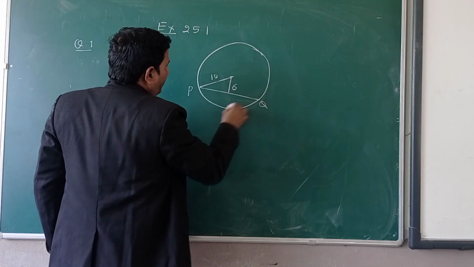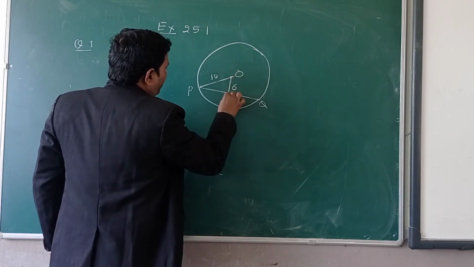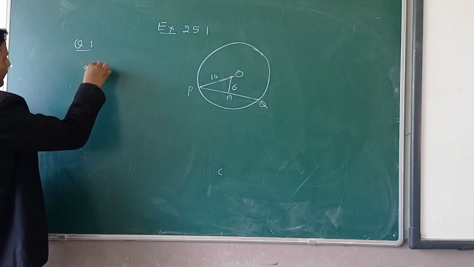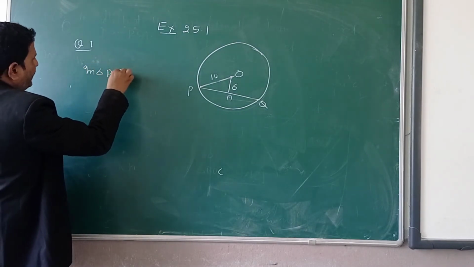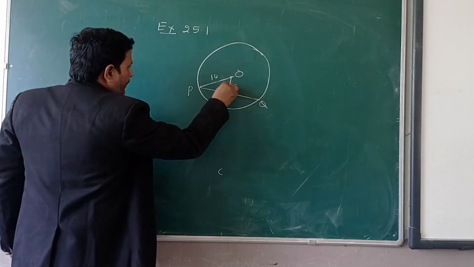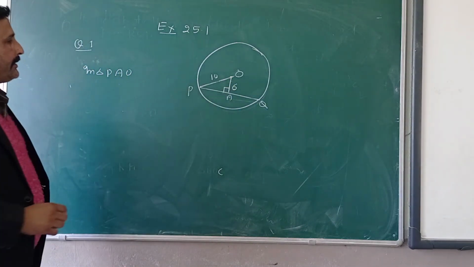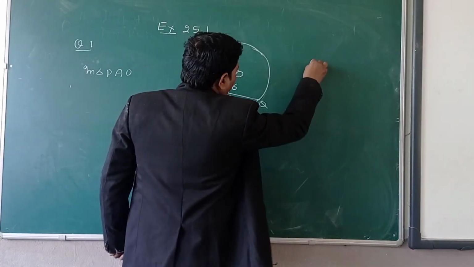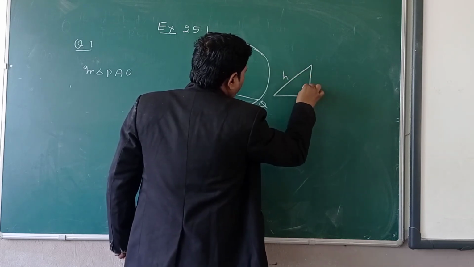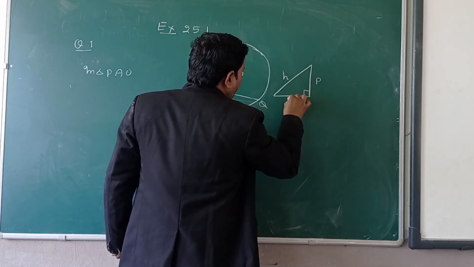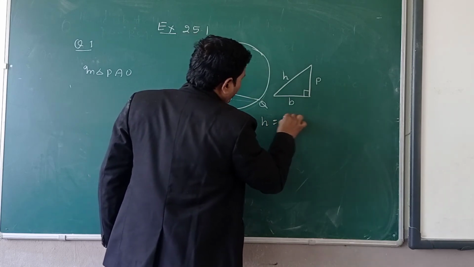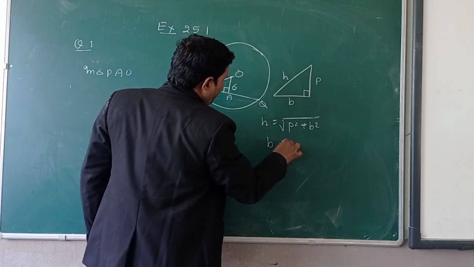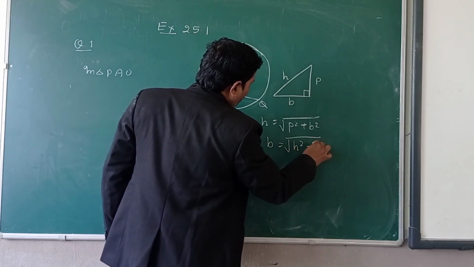Let PQ be the chord. OA. You have to take a triangle. In triangle PAO, this triangle is a right angle triangle. By Pythagoras theorem, H is equal to under root P square plus B square. If you want to calculate B, then H square minus P square.